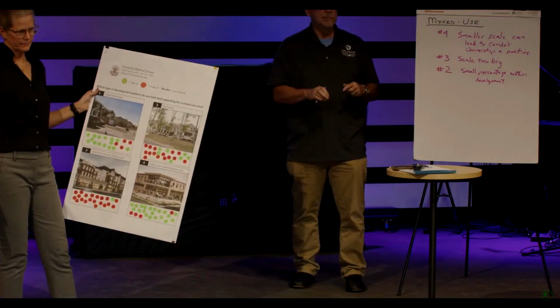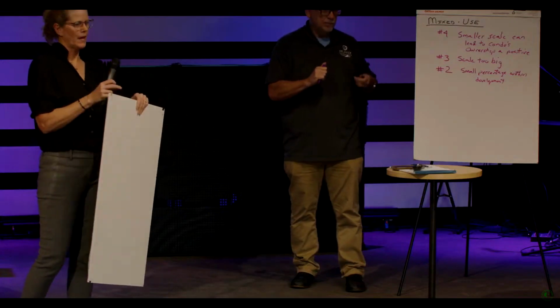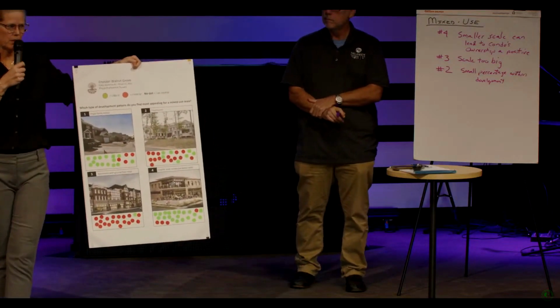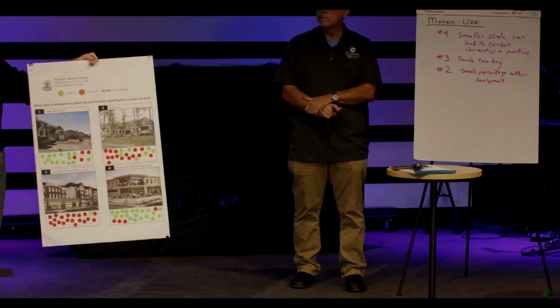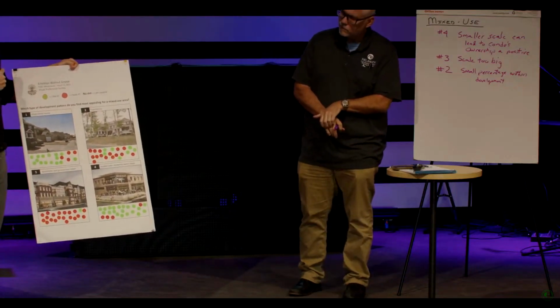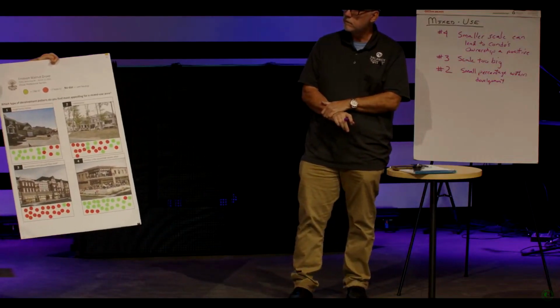Or you could write, I should put notes down. Never mind, I thought I had little note cards. So if you're shy, you could write it on a note card and just give it to me afterwards.